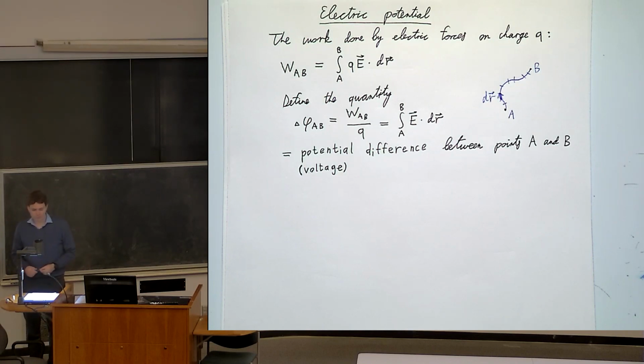And that definition of potential difference may sound weird because we are defining the difference of a quantity, but not the quantity itself. And that's very unusual compared to what we normally do in physics. Normally we would define a quantity and then consider its difference at different points or in different situations. But here we start with the difference.